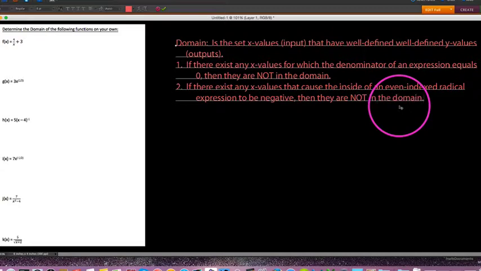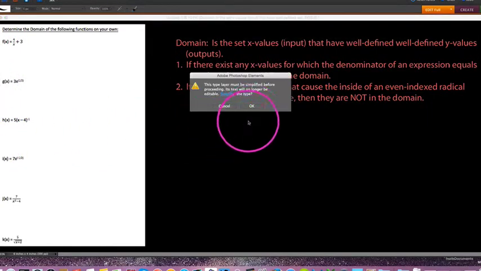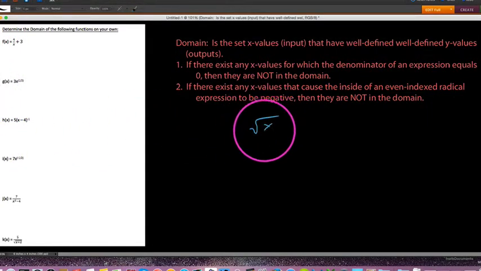Basically, if you had an expression like the square root of x, that would be an even indexed radical. If this were equal to y, we would not want to be sticking negative numbers in for x because you would end up with something that comes out to be imaginary and not real.